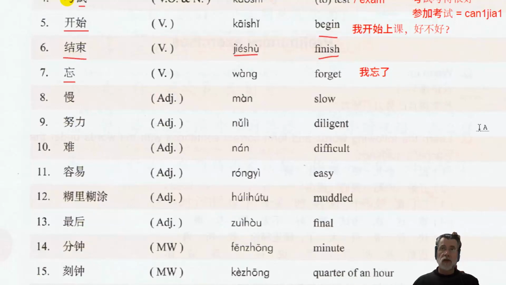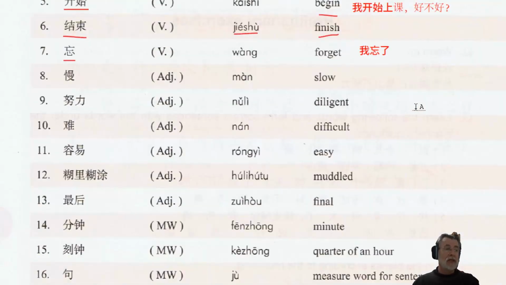And they'll put the le on there because forgetting, I guess, inherently means that you've gone from a state of knowing or remembering to a new state of forgetting. So 我忘了. And then you can add other things after that. I forgot to buy the Chinese textbook. Why you would say that, I don't know. But you can say, 我忘了买中文课本.